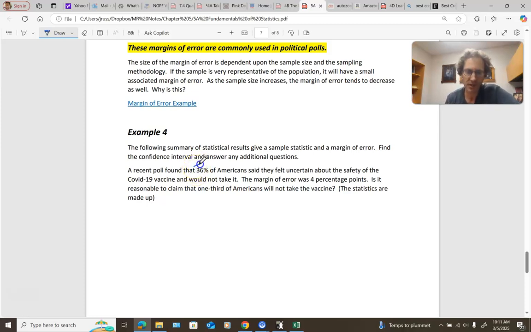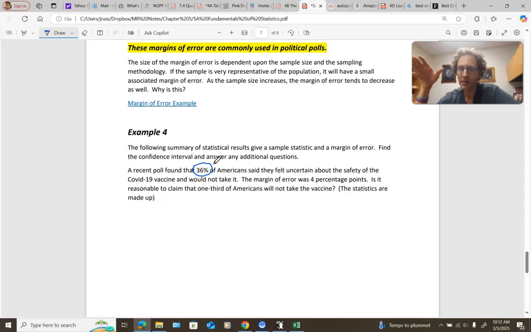So this 36% is your sample statistic. This comes from the sample. What we're interested in finding is what percentage of the actual population is leery of taking the COVID-19 vaccine. If our sample is very representative of the population, then it's going to be around 36%.